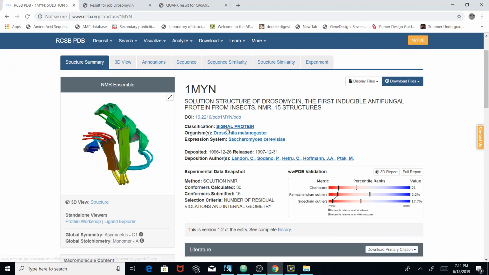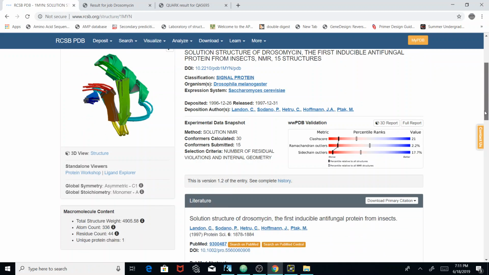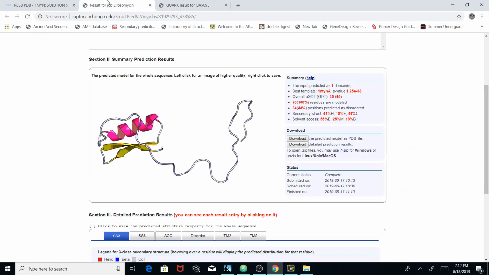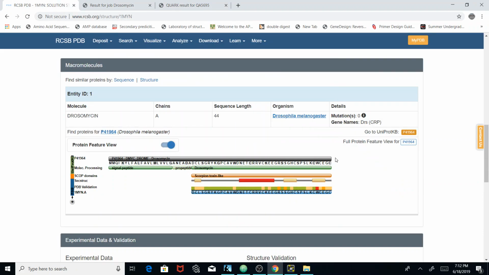And this protein structure is just the actual sequence here. It's not including the propeptide or the signal peptide. It's only position 27 through 70.